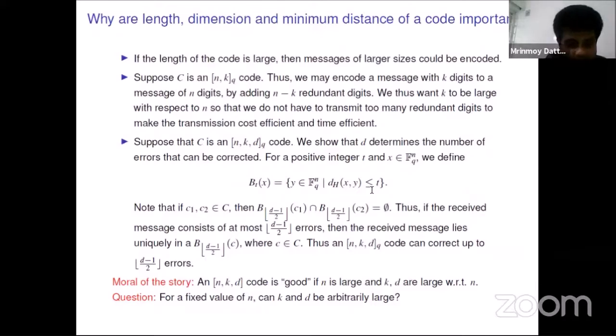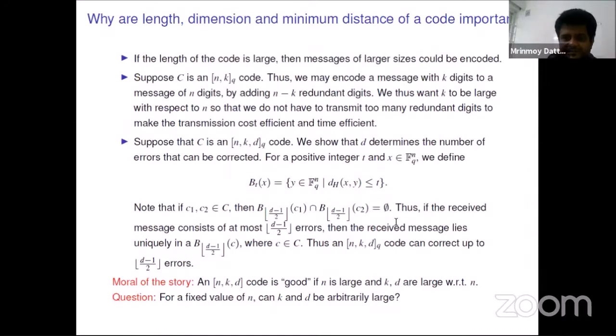Now suppose that we have two codewords C1 and C2. You can see by the triangle inequality that the ball of radius floor of (d minus 1)/2 around C1 and the ball of radius floor of (d minus 1)/2 around C2 will never intersect.